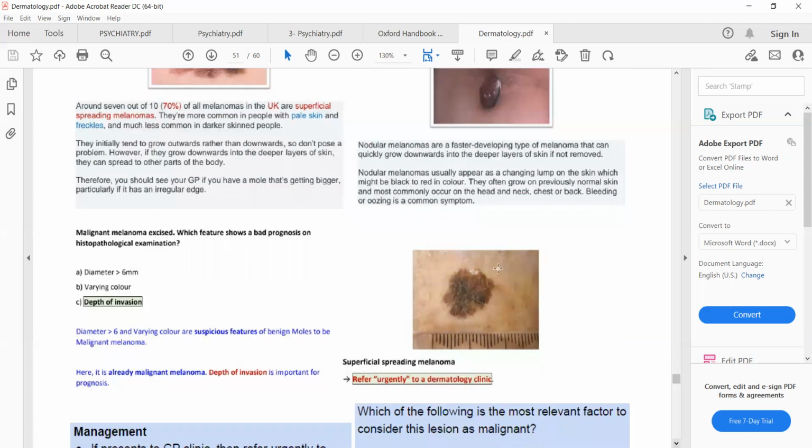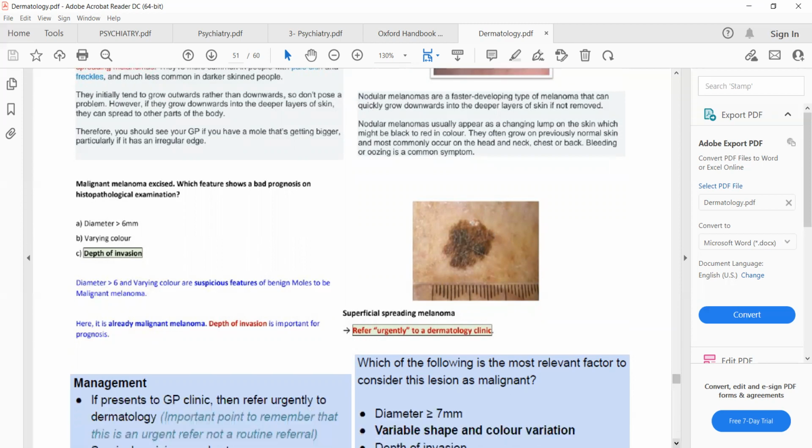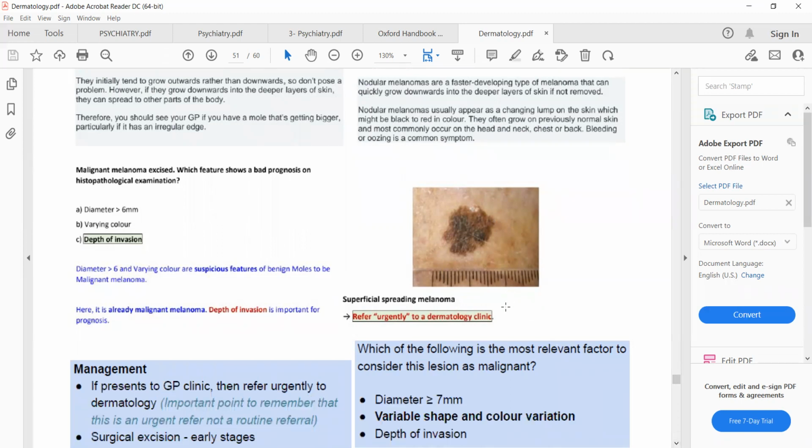If you see any this kind of a diagram and you see any features such as asymmetry or irregular borders or different colors or diameter more than 6 mm, or if in the question they mentioned that the mole is growing in size, then you will suspect malignant melanoma and you will refer the patient urgently to a dermatology clinic.